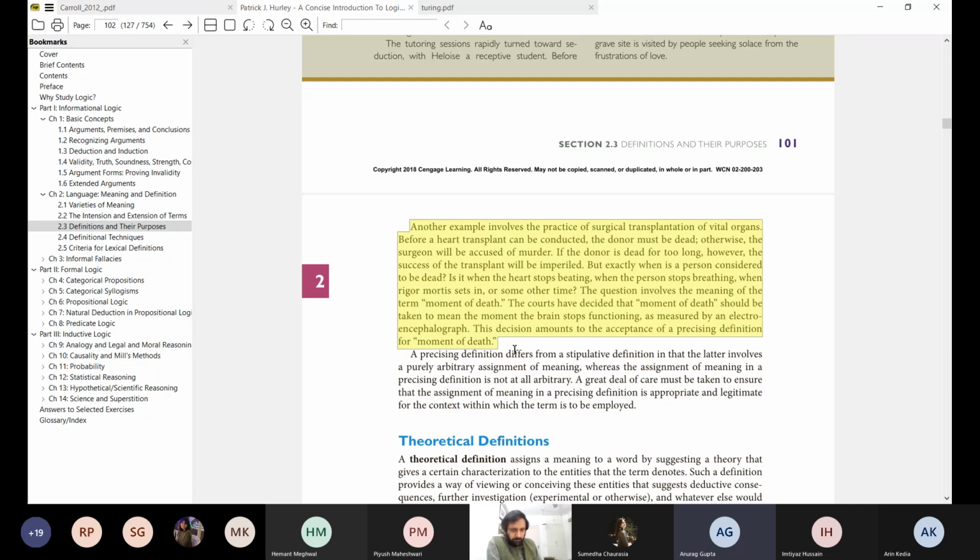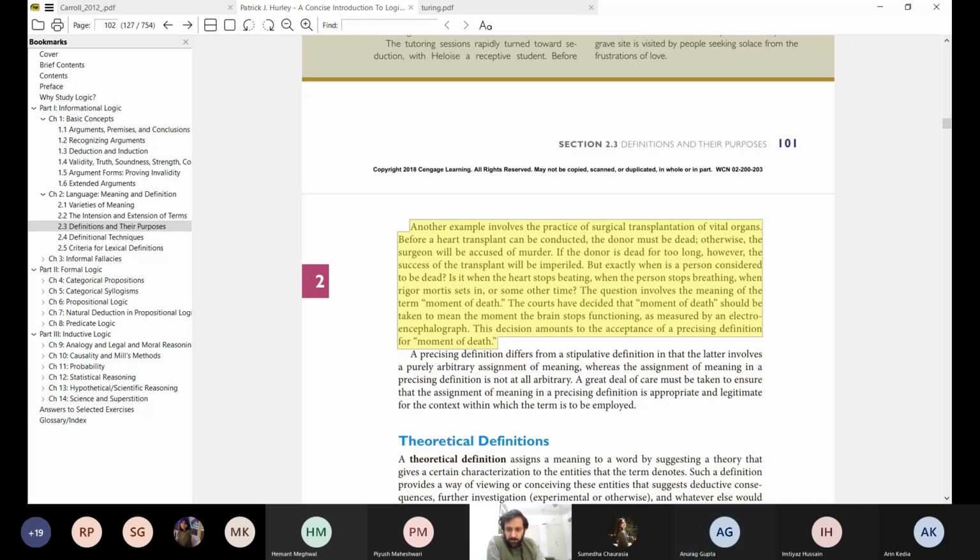Is it when the heart stops beating, when the person stops breathing, when rigor mortis sets in, or some other time? The question involves the meaning of the term moment of death. The courts have decided that the moment of death should be taken to mean the moment the brain stops functioning, as measured by an electroencephalograph. This decision amounts to the acceptance of a precising definition for moment of death.